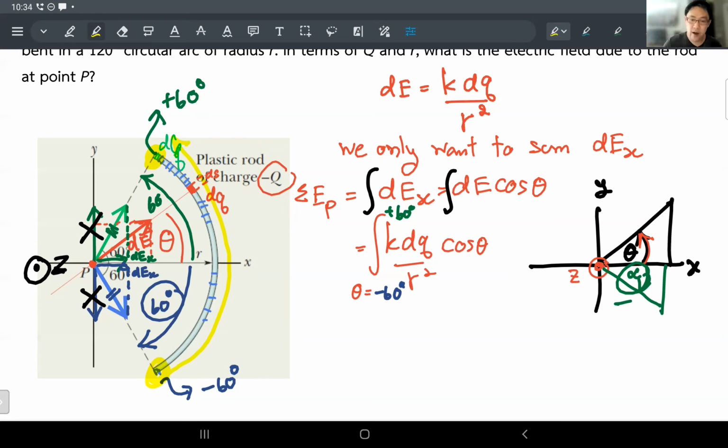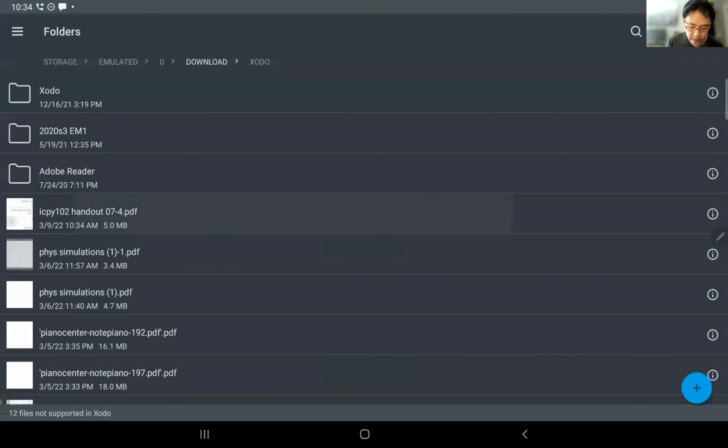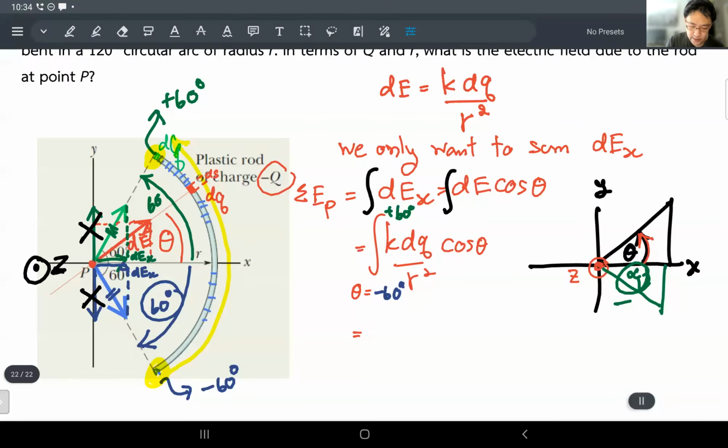Okay. All right. Move on to our calculation. Once you understand how to set up your lower limits and upper limits, going from a smaller value to a bigger value, what you have to do next is just continue on. Just like before, what are the constants that you can put out? Okay, k's out.